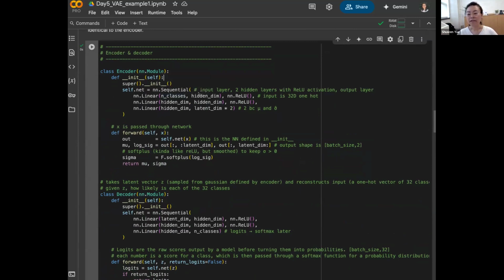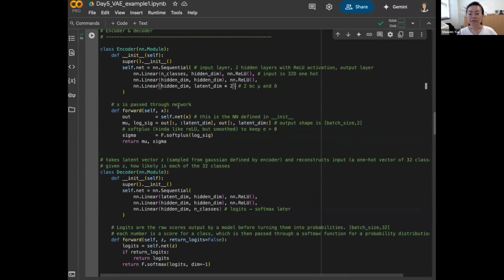Here we have an initial input layer, which is the 32, and then hidden dimensions, which I think we set to 16, and we have these two hidden layers with the ReLU activation and then an output layer. For the output layer, our latent dimension, which we defined earlier as 1, means the output layer is literally just two numbers, a sigma and a mu, to define that Gaussian.